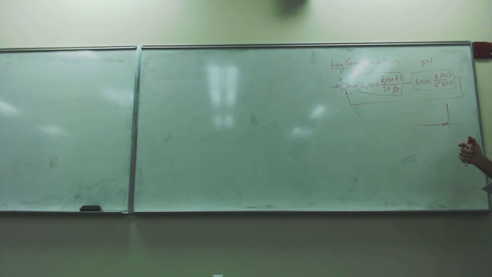As you'll see in the design of the lag compensator, the pole and zero are put close together, and they are also put close to the origin, so that we can satisfy the steady state accuracy specification.